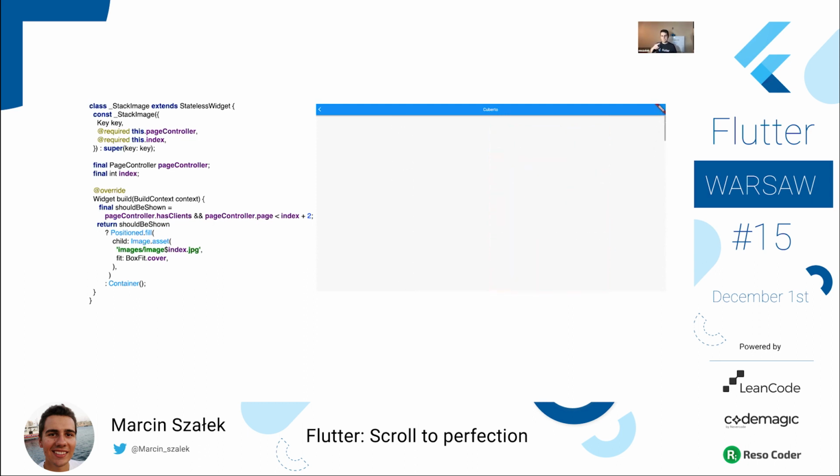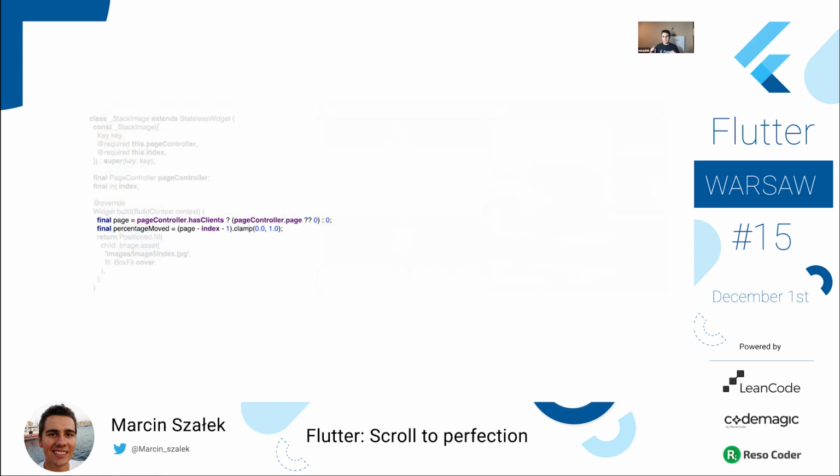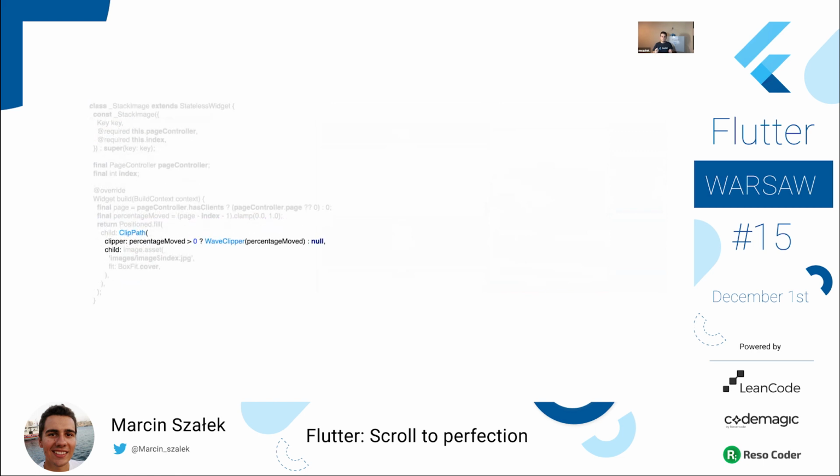However, in the design, we had this nice animation. So let's do it as well. If we replace the Boolean of should we show a widget with the percentage of how much we should show the widget. So basically, if we see how much the given page for the image has been moved, we can use this percentage moved to change how the widget is displayed.